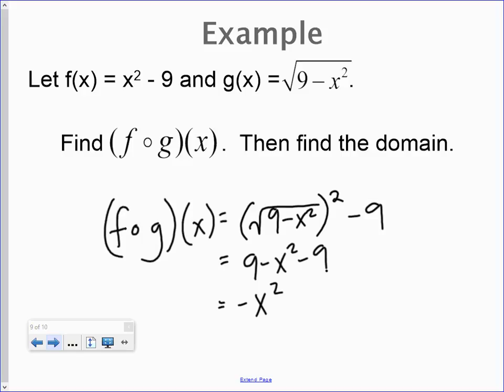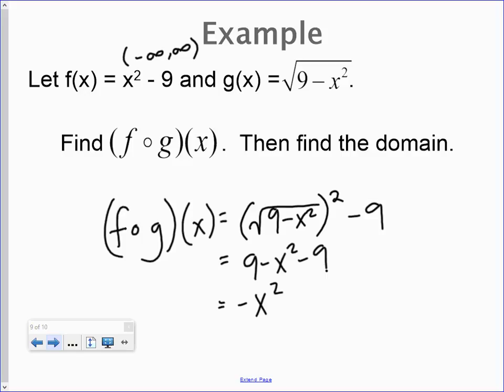But we have to go back to f of x and g of x as well. What's the domain of f of x? All real numbers, negative infinity to infinity, so no restrictions there. What's the domain of the square root of 9 minus x squared? Positive 3 works, because then it would be 9 minus 9, which is 0, we can do.